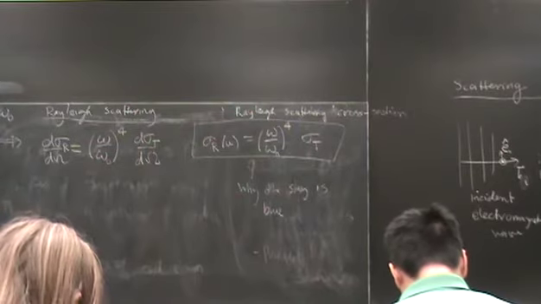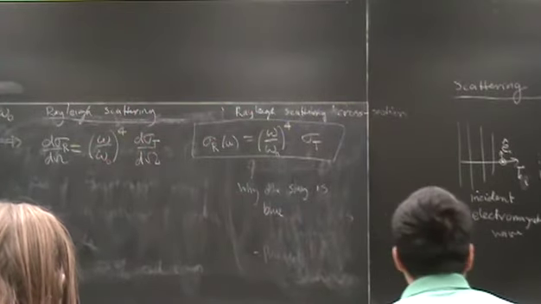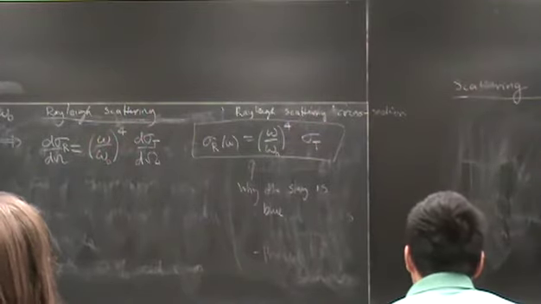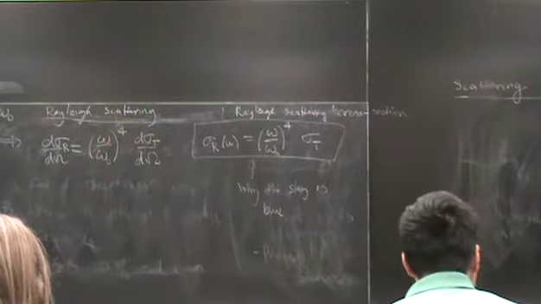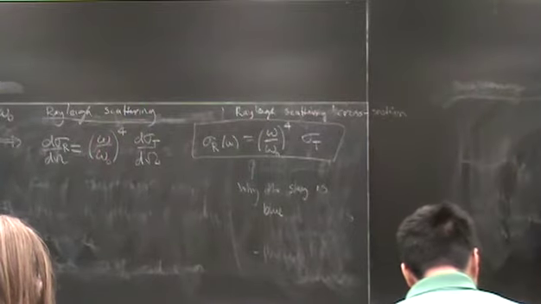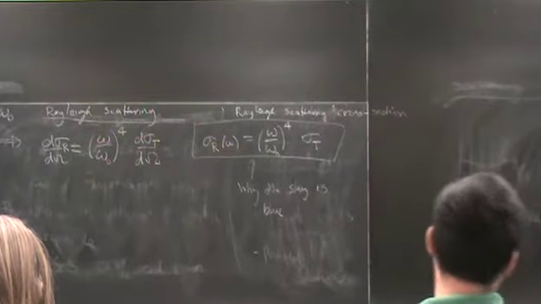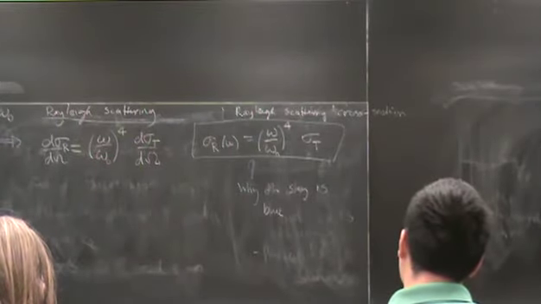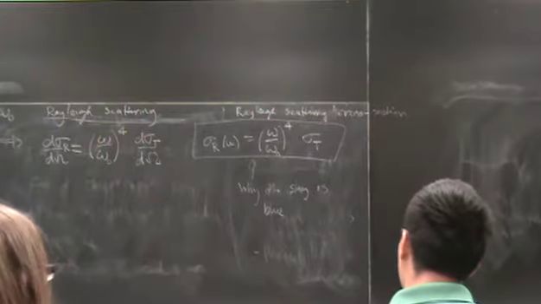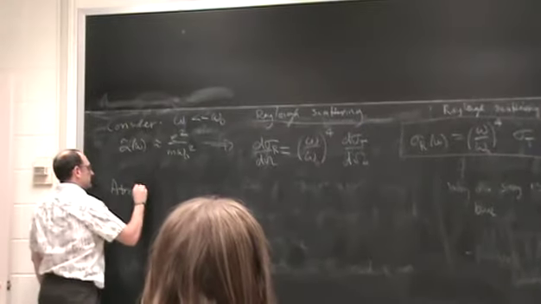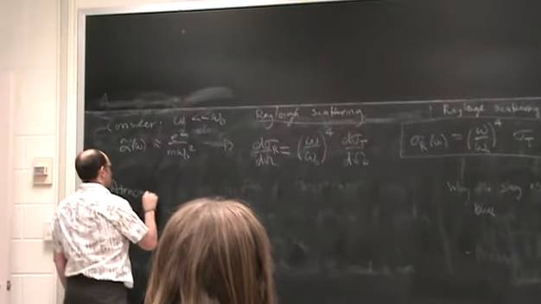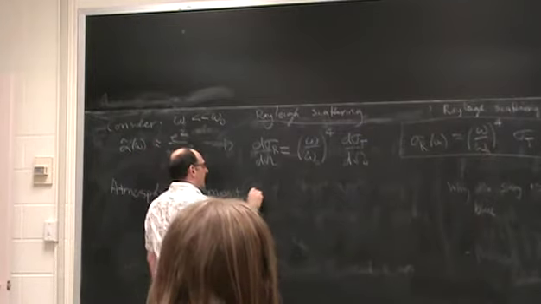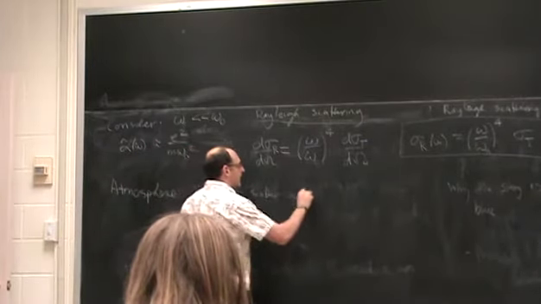Let's remind ourselves of that. Firstly, if we're talking about the atmosphere, the dominant scatterer is nitrogen molecules.